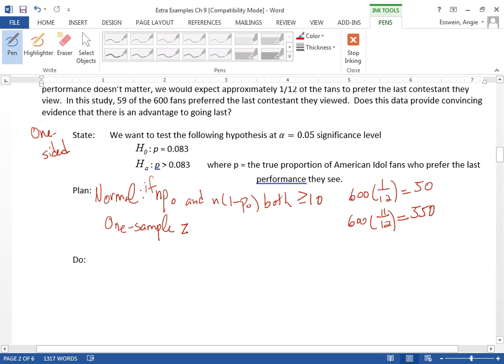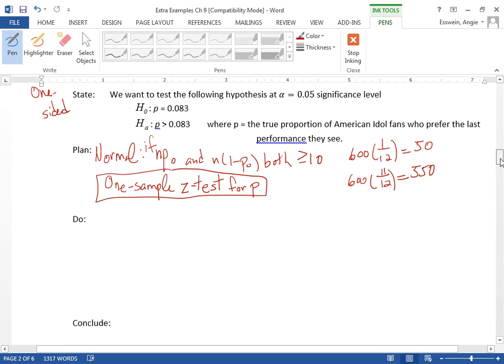Z test, because we're doing proportions. Proportions are always Z, with a normal distribution. So, one sample z-test for, are we doing proportions or means? Proportions, right, so for p. I'm going to box that. It will be expected on the test that you can write the name of what we're doing.